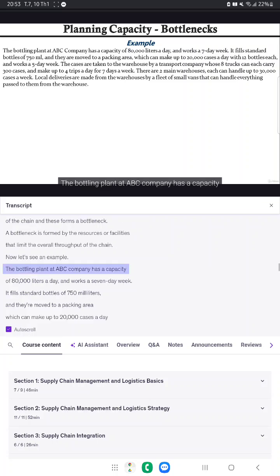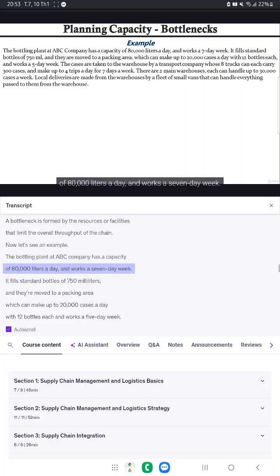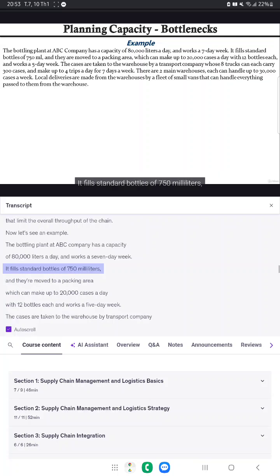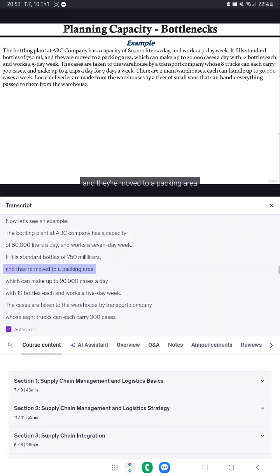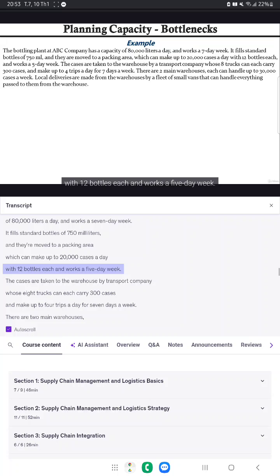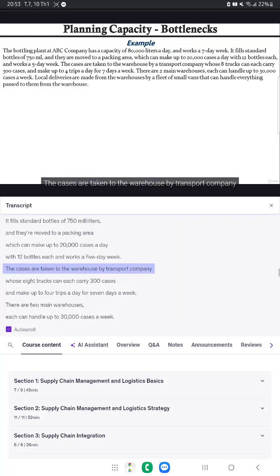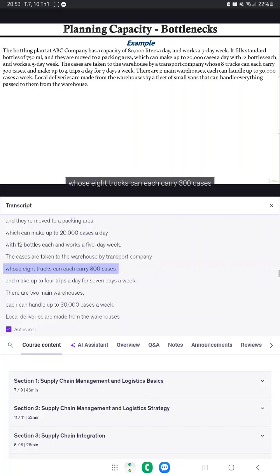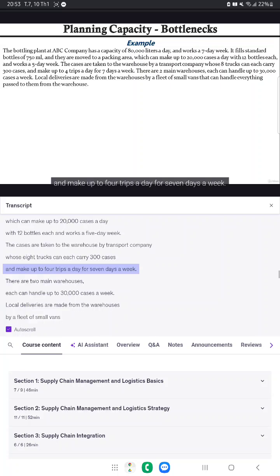The bottling plant at ABC Company has a capacity of 80,000 liters a day and works a 7-day week. It fills standard bottles of 750 milliliters, and they are moved to a packing area which can make up to 20,000 cases a day with 12 bottles each and works a 5-day week. The cases are taken to the warehouse by a transport company whose 8 trucks can each carry 300 cases and make up to 4 trips a day for 7 days a week.